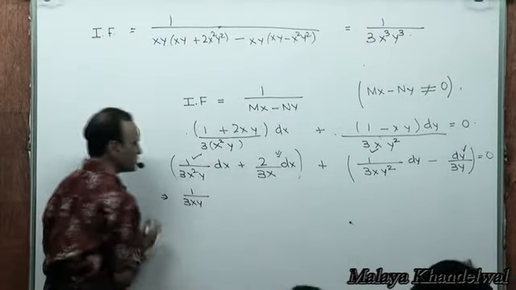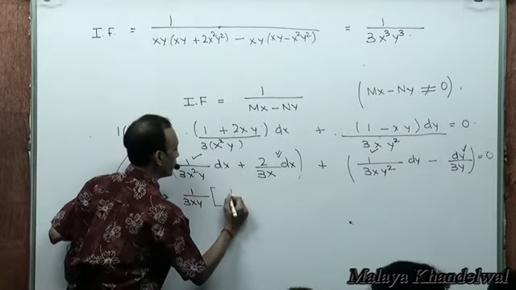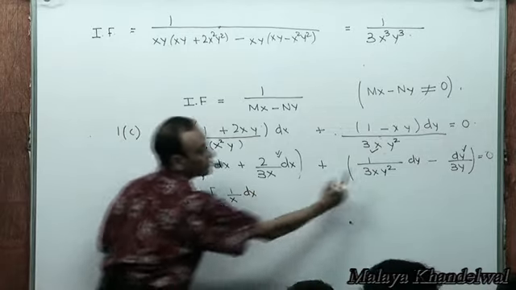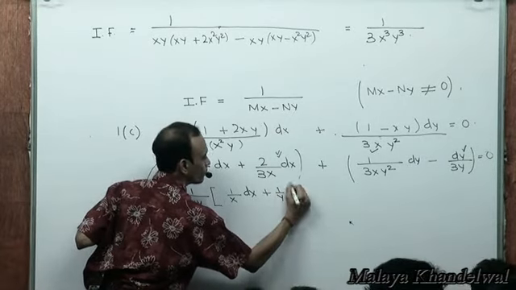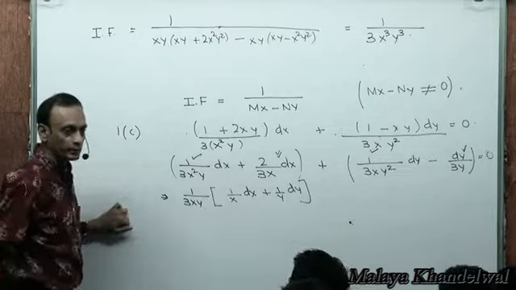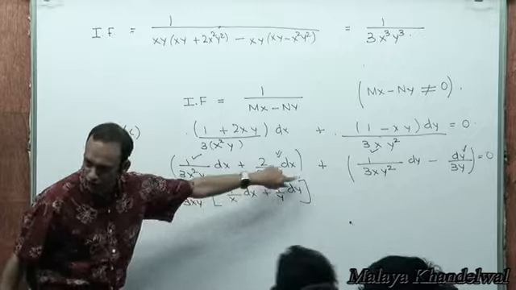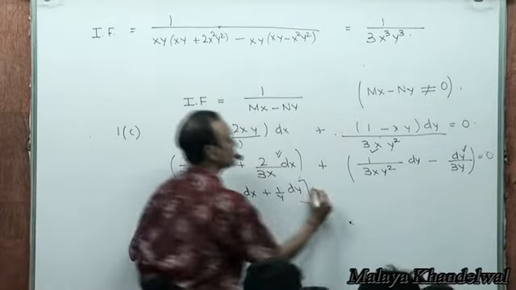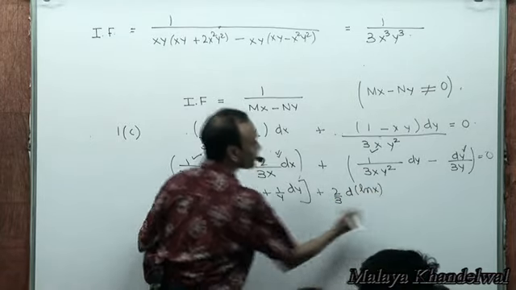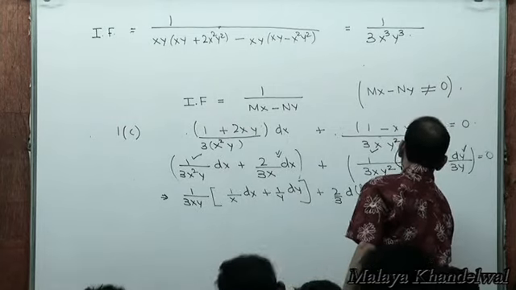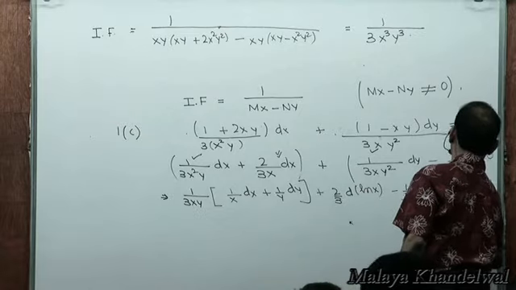Then I'm left with 1 by x dx plus 1 by y dy. Yes or no? Right? This would be 2/3 d of log x, 1 by x dx. So this will be 2/3 d of log x. This will be minus 1/3 d of log y equal to 0.